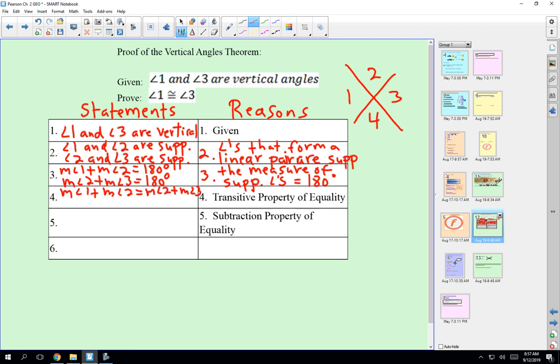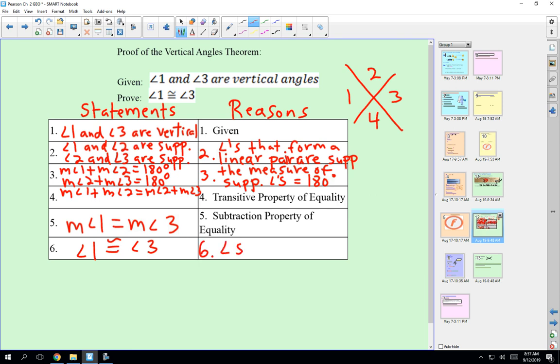What can you subtract off from each side? Yeah, measure of angle 2. So you end up with measure of angle 1 equals measure of angle 3. That's by the subtraction property of equality. And then finally, this final step is just saying that angle 1 is congruent to angle 3. If the measures are equal, angles with the same measure, then their sizes are the same, or they are congruent.